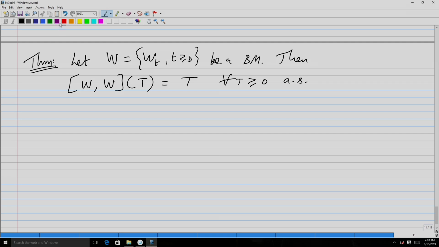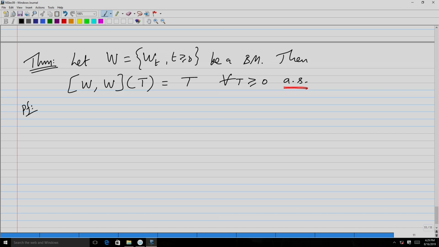So, the sense that we talk about here is almost surely, but in a moment you will see that we are actually not proving this, but we are proving something slightly different, but this can also be proved using advanced results in stochastic calculus. Okay.